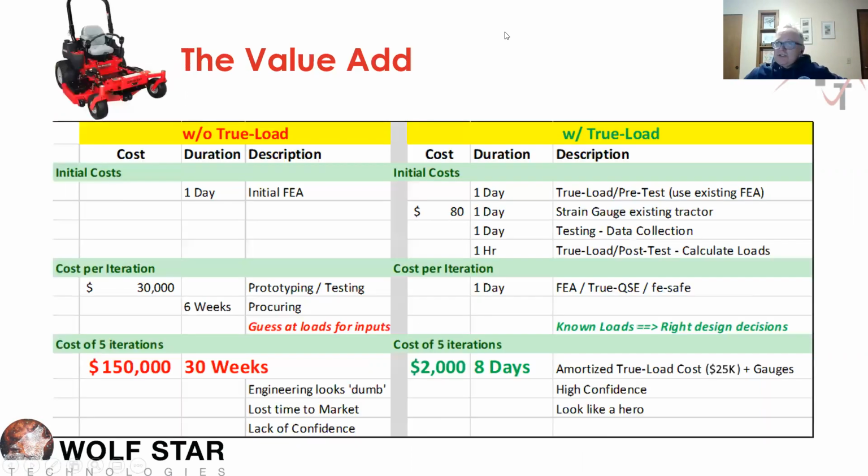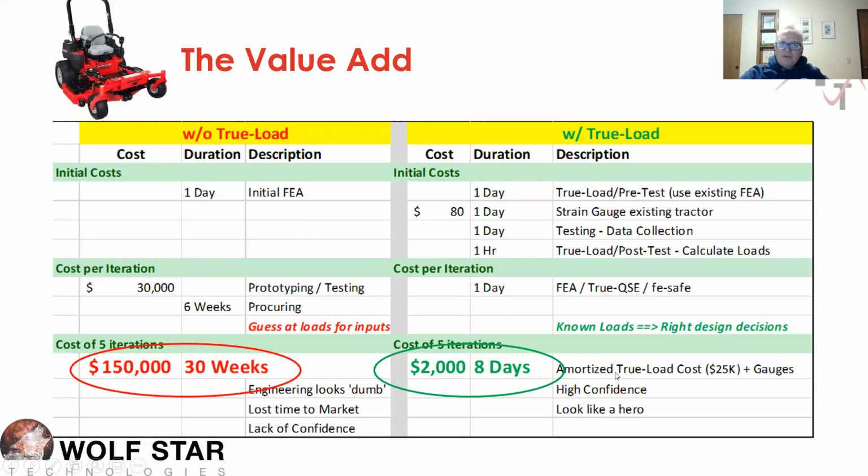Okay. And in talking to the engineers at Aaron's, we said, hey, if you had done this without TrueLoad, how would this go? And they said, well, each time we do a prototype, it costs us about $30,000 to prototype and test the parts. It takes us about 6 weeks to procure the parts, and we're guessing in between each design iteration. So if we did 5 design iterations here, that would have been 150 grand in 30 weeks.